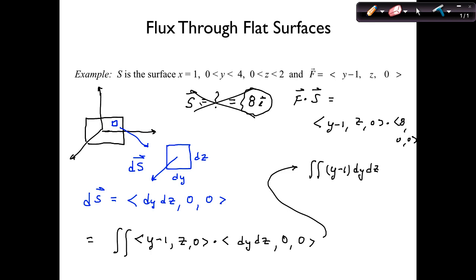It just grabs those x components. y is going to go from what to what? 0 to 4. z goes from 0 to 2. And we expect what value for this? Let's see, y squared over 2 minus y from 0 to 4. Is it 4? So is it 8?